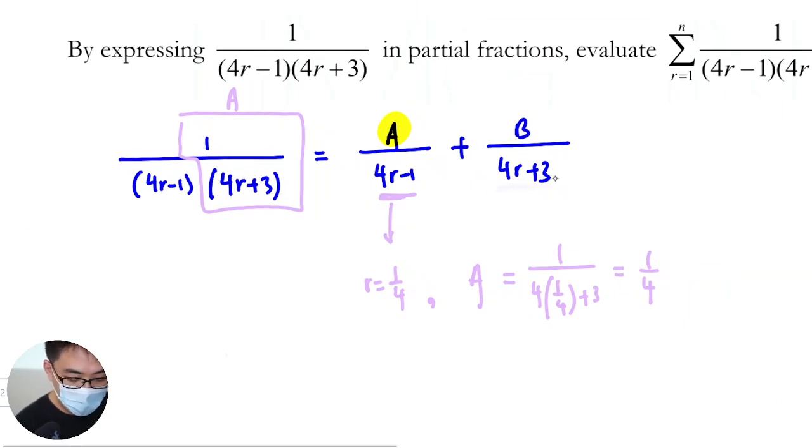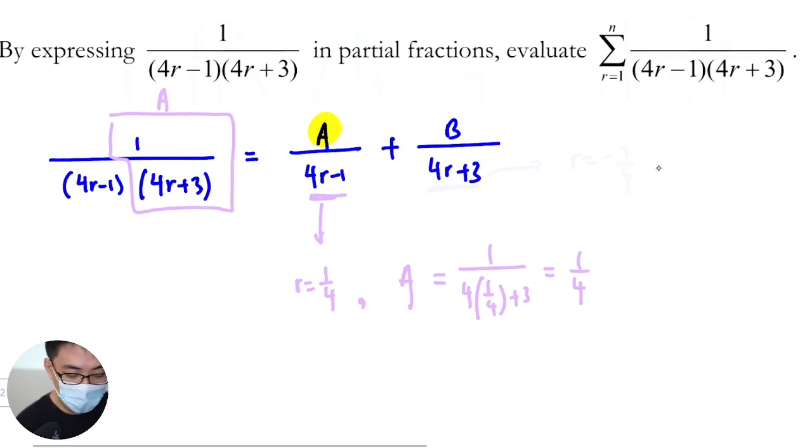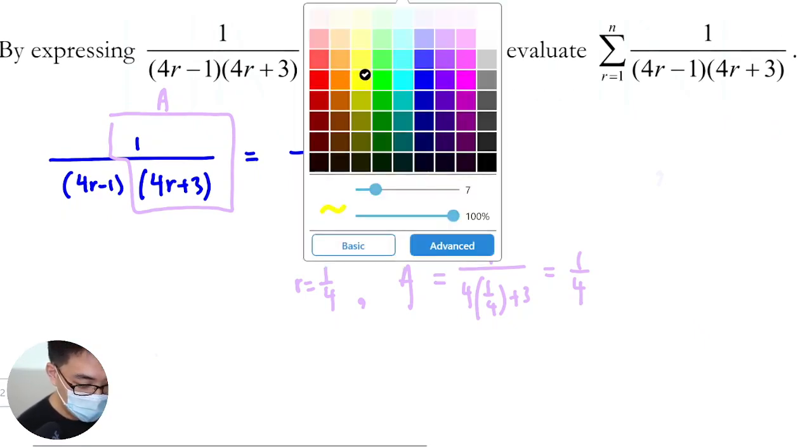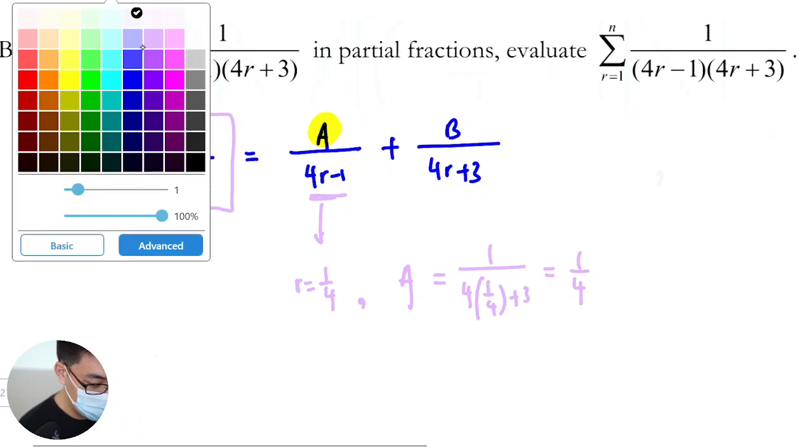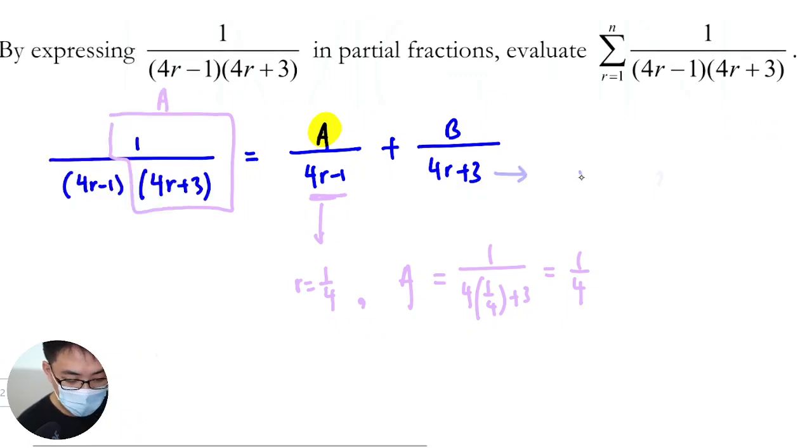Obviously, if you want to find B, follow me. B would be, the R here is negative 3 over 4. Same thing. Can you see? Too faint, right? B will be R equals negative 3 over 4. So if you want to replace into B, B will just be this one. Replace into that.